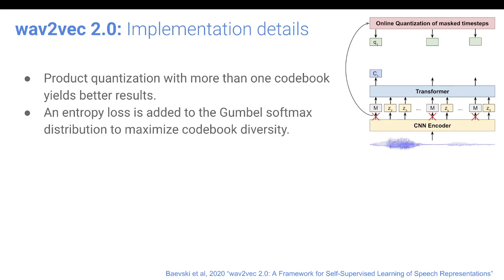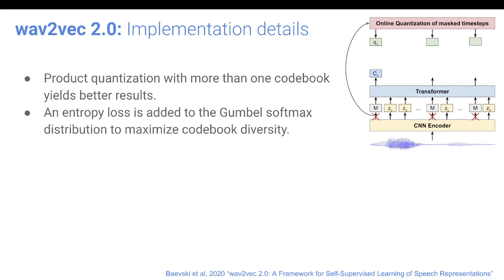Another detail here is that, given the importance of these discrete representations, because they are influencing both positive and negative samples in the algorithm, you add an entropy loss, where you want to maximize the entropy of the Gumbel softmax, such that you ensure that you have a diverse codebook.